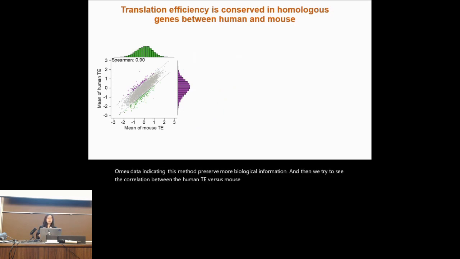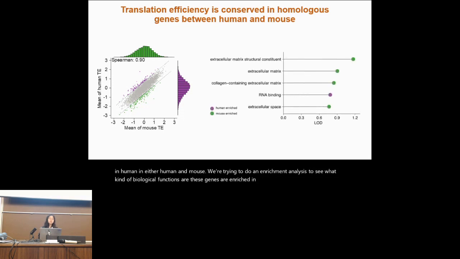To our surprise, at the TE level there's really high conservation between human and mouse homologous genes. But we still find some outlier genes that have higher TE in either human or mouse. We did an enrichment analysis to see what kind of biological functions these genes are enriched in.